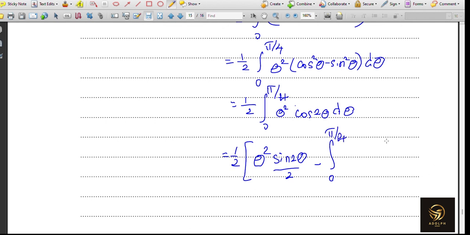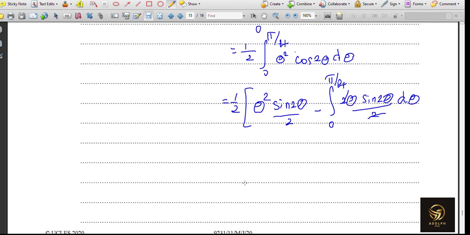Now the u dash value is, actually, 2 theta, because the differentiated value of theta squared is 2 theta, and sin 2 theta by 2 will come, that is the v value. Now this 2 and this 2 will get cancelled.